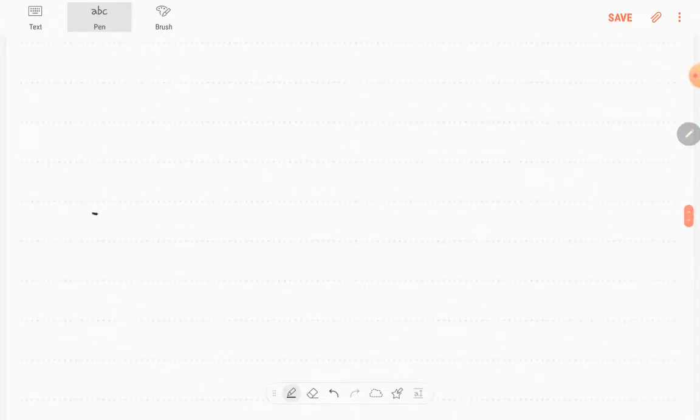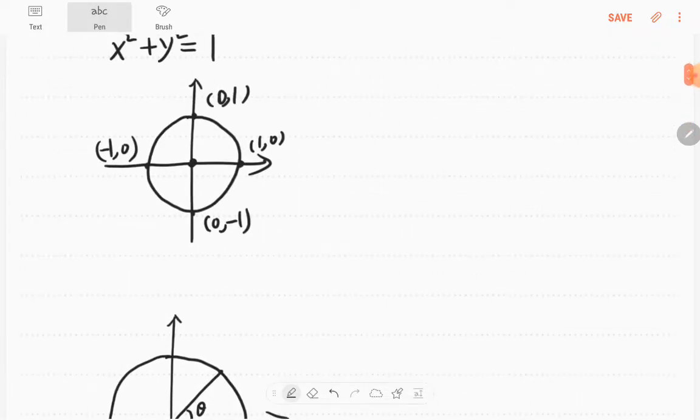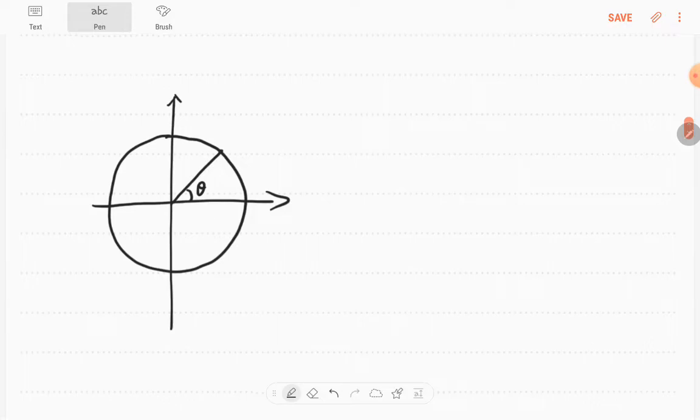Okay, so if we have a unit circle, and this is a ray, it intersects the unit circle at this point. If this is theta, the radius is 1, so this length is 1, and this length is 1, and this is theta.